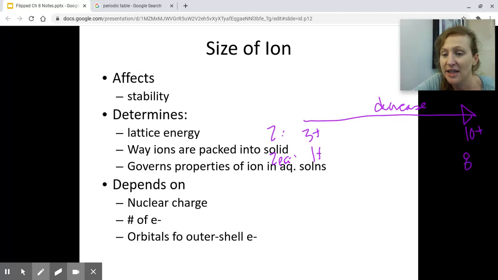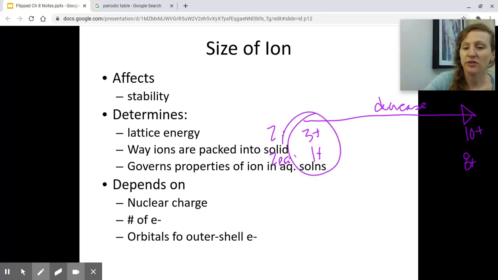Neon actually has an 8+. And so because we are increasing in protons without actually adding any more core electrons that block those valence electrons from the nucleus, the atomic size is going to decrease left to right. Lithium's pretty big. Neon's actually pretty small comparatively.